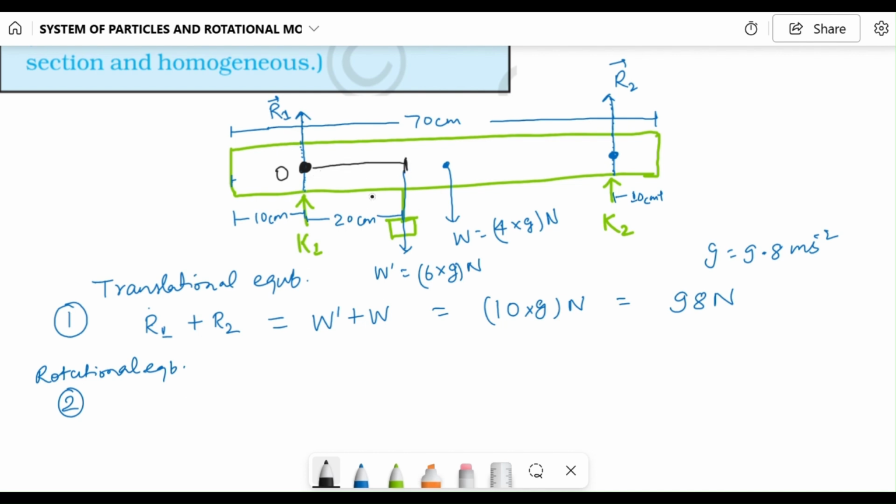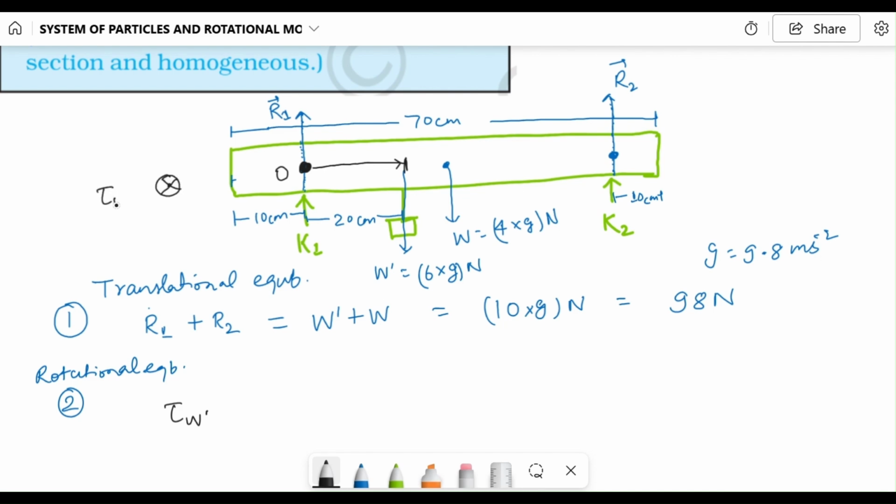So we can write due to this W prime, let's say there is torque T W prime. And if you know that R cross F is given as torque, you can find out what is the direction of torque due to this W prime. And if you are using the right hand rule, you can easily say that the torque due to this W prime will be inward.